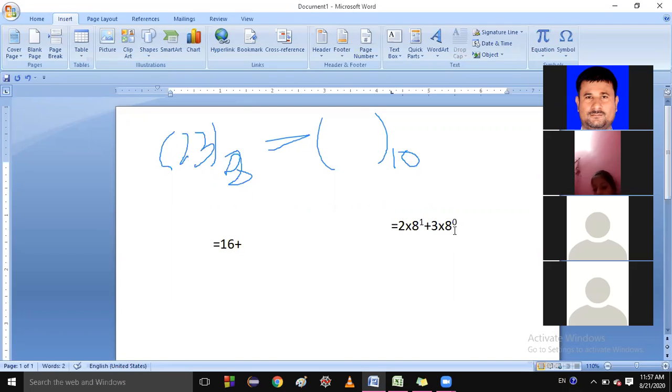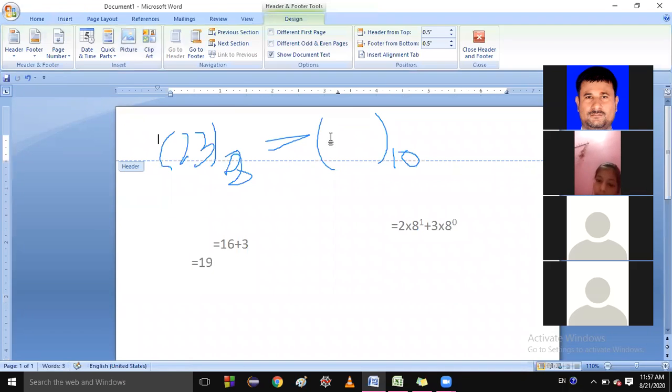So 8 power 0 is 1, and 3 multiply 1 will be 3. So it is equal to 19. The answer will be 19, so you can write the answer 19.